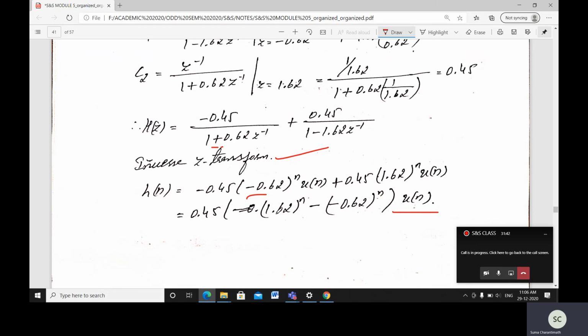The left out part is 1.62 to the power n minus minus 0.62 to the power n. This is your inverse Z transform in terms of your impulse response, and this is in terms of your transfer function.